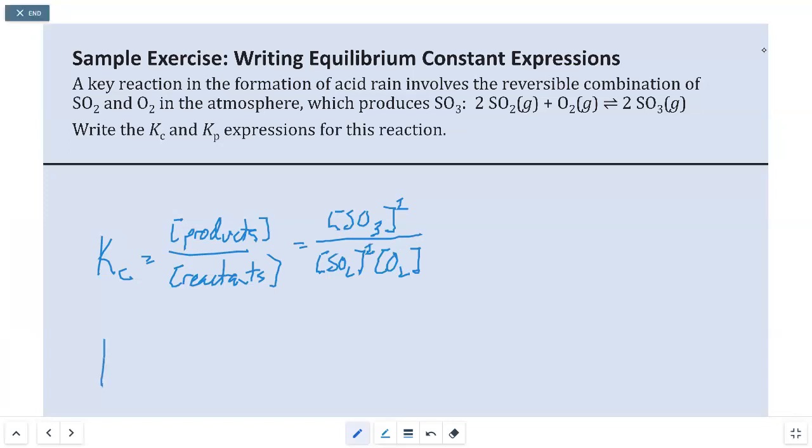Now for KP, pretty much the same thing, only it's the partial pressure of the products over the partial pressure of the reactants.